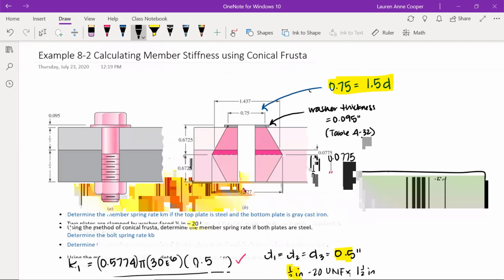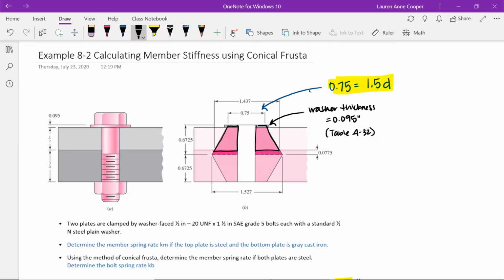So our first frustum actually extends like this. It includes the washer. So we have to include the washer height in our calculation of the height of the frustum. A better term for washer height is washer thickness, which is what it actually is. And for this, you need table A32, and you're going to look for the thickness of a standard 1/2 N steel plain washer.